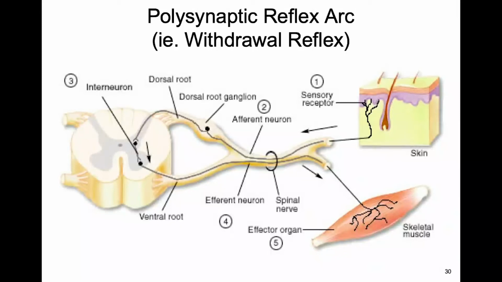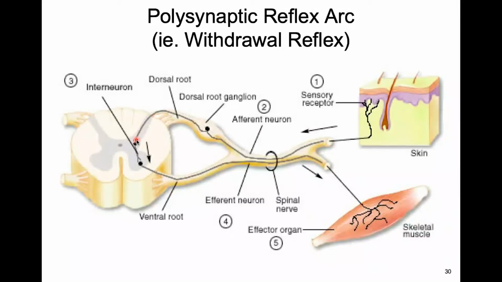And then within that synapse within the brain, you're going to have to make a decision, a really quick one, which is going to cause you to likely withdraw your hand from that stimulus. The key is that the sensory neuron, in a polysynaptic reflex, is always going to synapse with an interneuron.